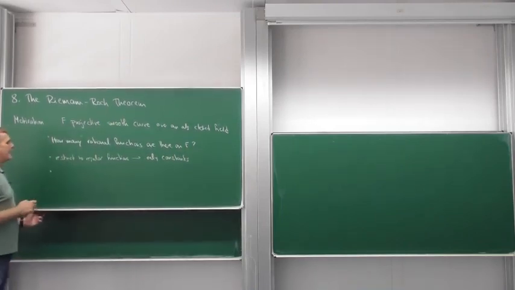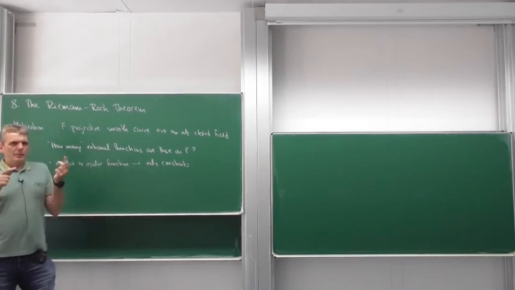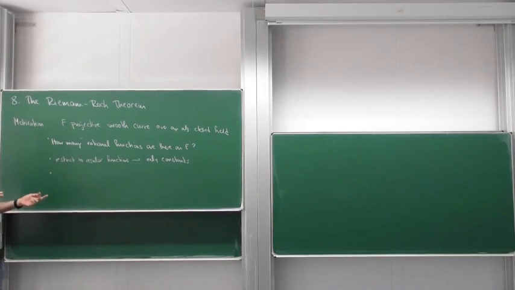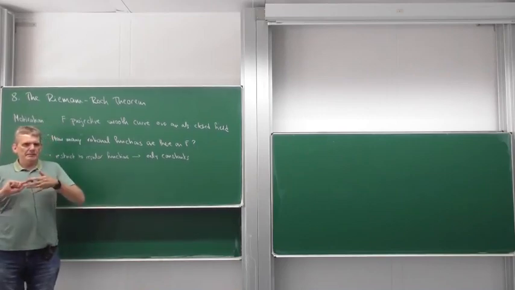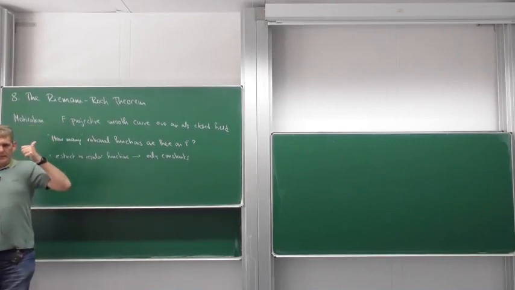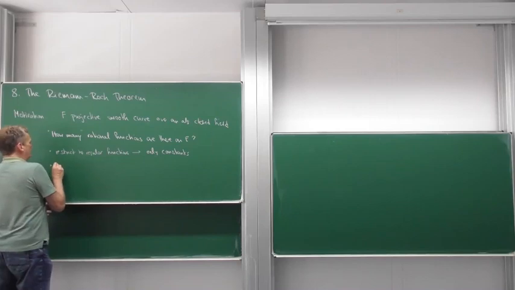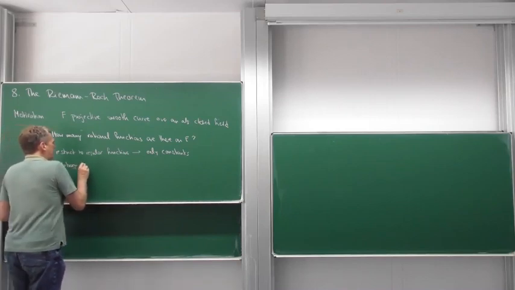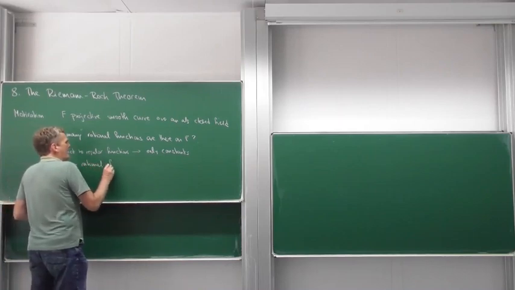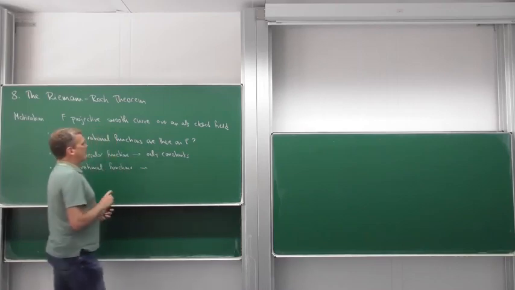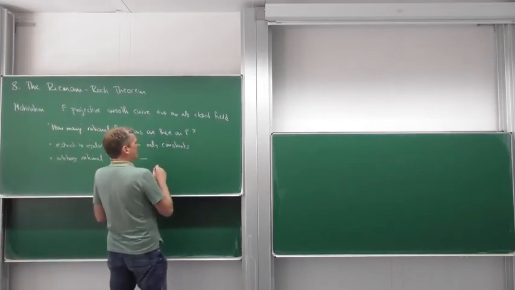Whereas if we allow all rational functions, then we can take essentially all possible quotients of two polynomials, and there's just infinitely many choices. It's a field of rational functions. It's an infinite dimensional vector space. There's also not much structure in there. So if we have arbitrary rational functions, then we have a huge number of such rational functions.